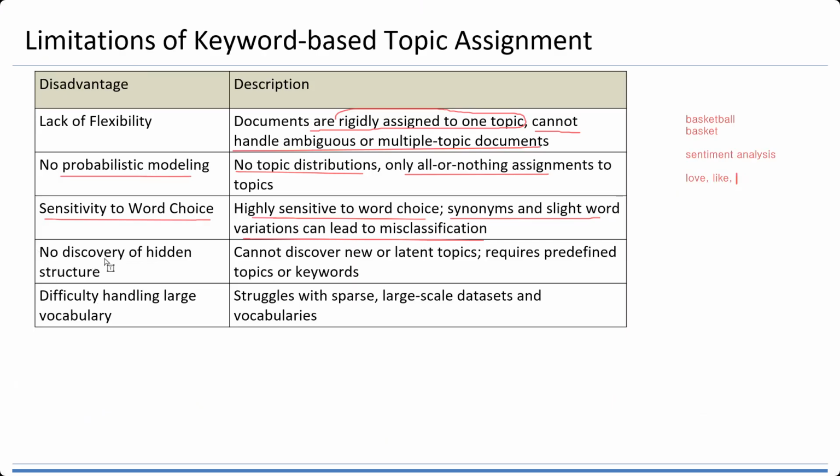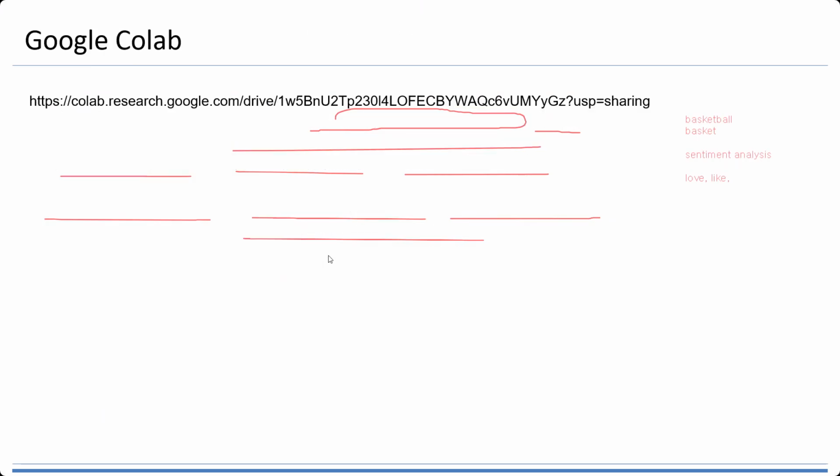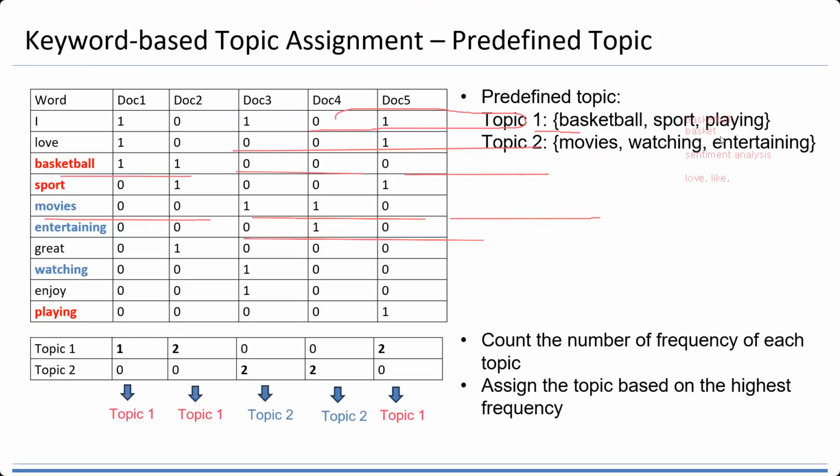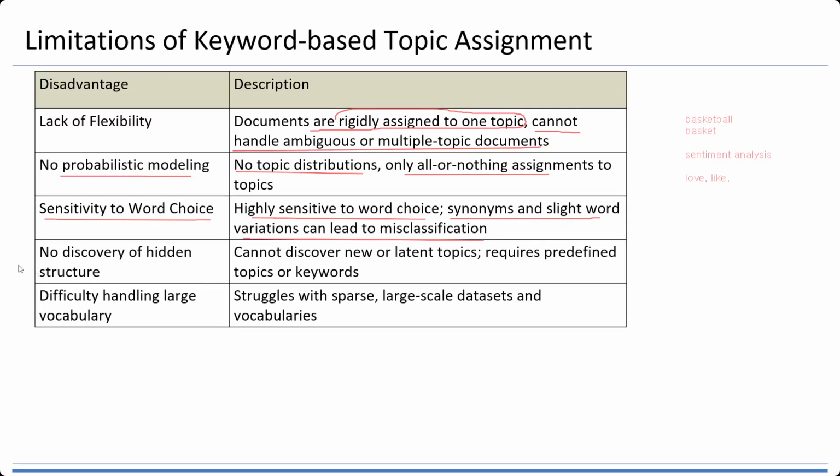And there is no discovery of hidden structure. It means you cannot discover new or latent topics. We always say that if I have only 2 topics, then let's just use these 2 topics. And with keyword-based assignment, it is difficult to handle a large vocabulary, because there are many words, not only 3, not only 4, not only 5, but maybe thousands.